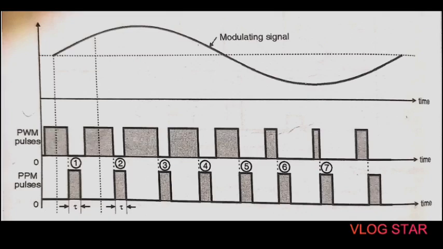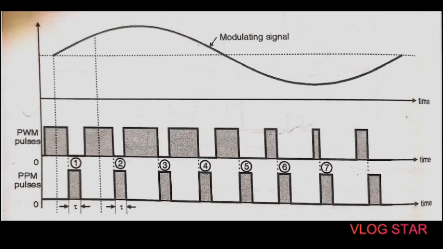And second, due to the variable pulse width, the pulses have variable power contents, so the transmitter must be powerful enough to handle the maximum width pulse, though the average power transmitted can be as low as 50% of the maximum power. Okay. Then next point is pulse position modulation.